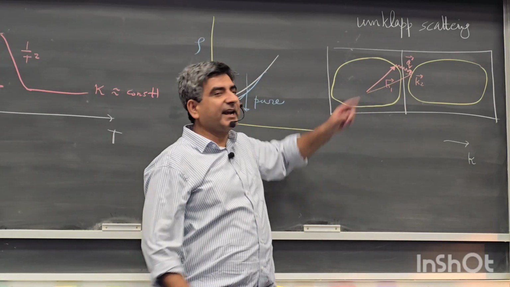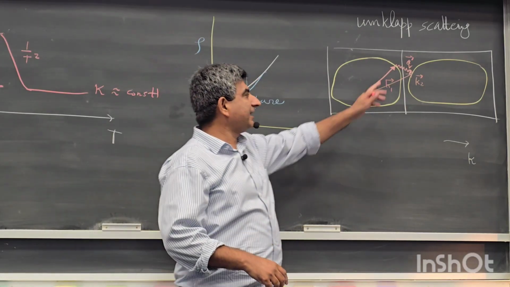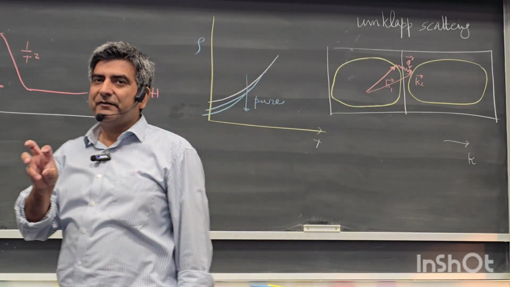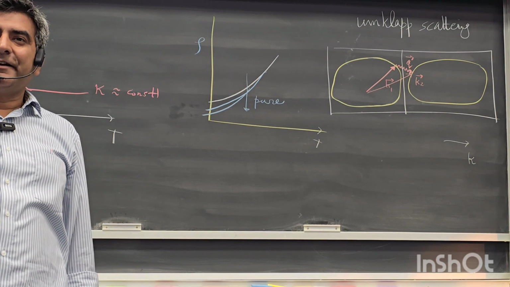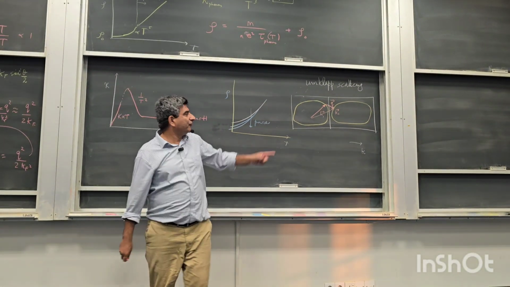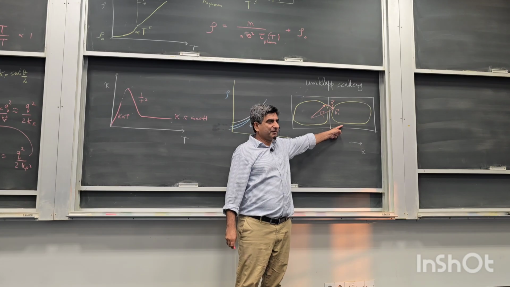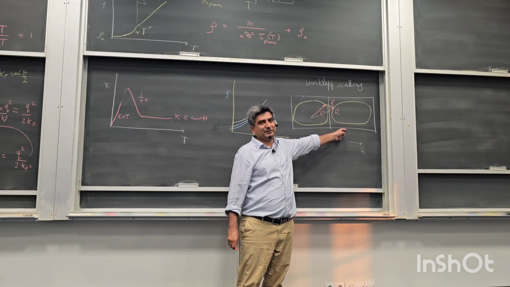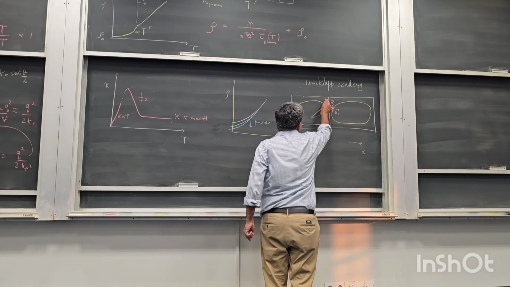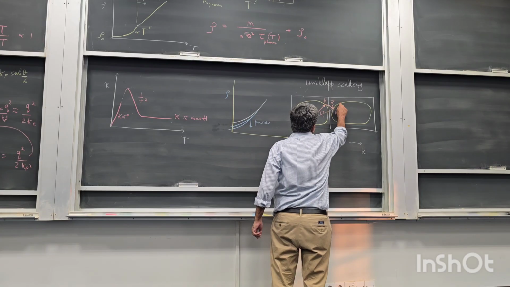So what this scattering process is doing is that a phonon of small wave vector is still available, and it is transporting the electron from one Brillouin zone to the next Brillouin zone because of the periodicity in the reciprocal space. Now if this point is A, this point is B.